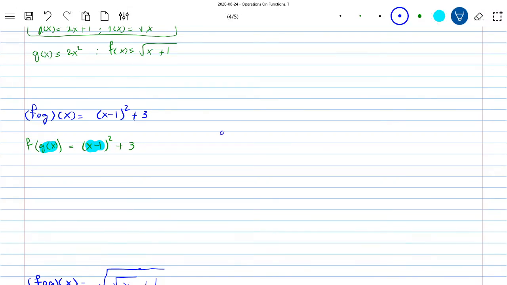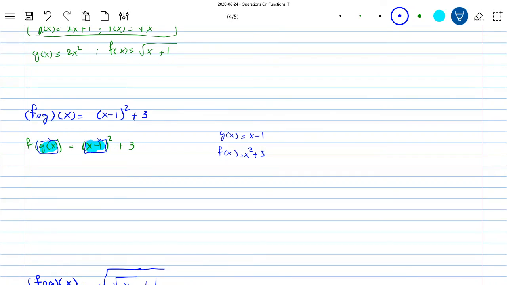If g of x is x minus 1, then what is f of, we call this a box, what is f of box? It is box squared plus 3. If I call this box an x, this is x squared plus 3. You'll get f of x is x squared plus 3.